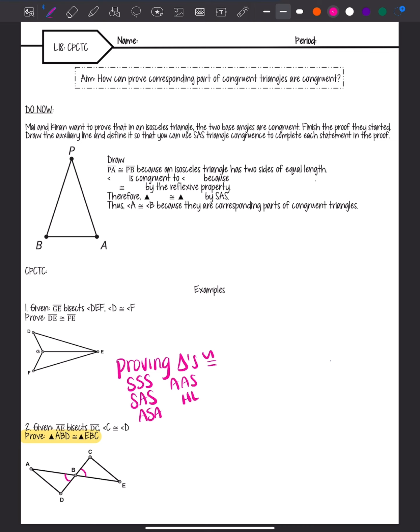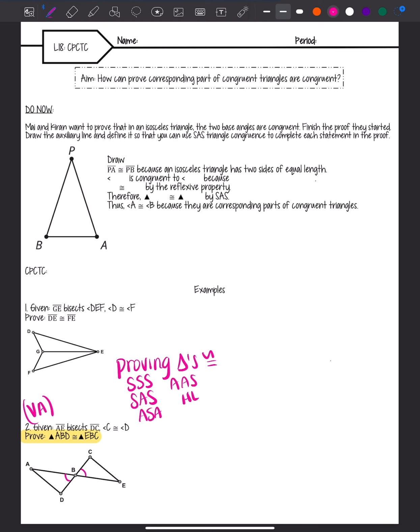So I'm going to mark that immediately, and give myself a little note on the side that I have vertical angles. Maybe you'll give your note and mention the vertical angles. Whatever works for you, make the note that you need to make sure that it translates to your proof.